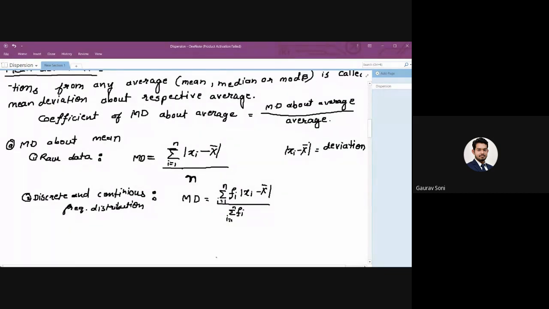what will be the coefficient of mean deviation about mean? Coefficient of mean deviation about mean is equal to mean deviation about mean upon what?